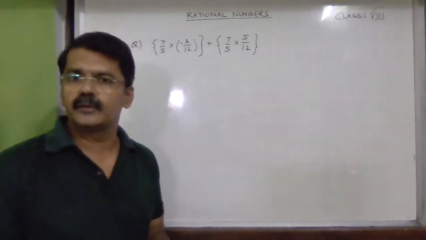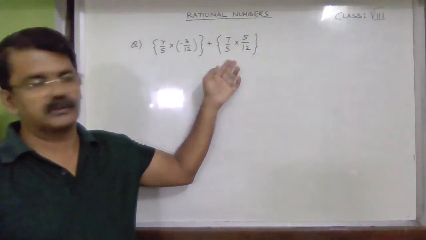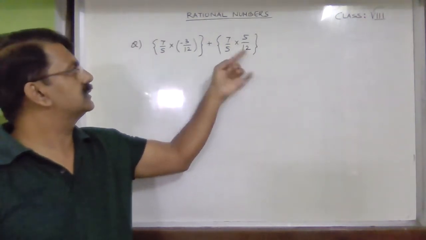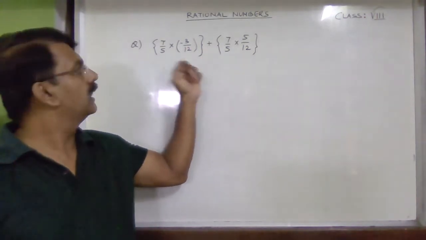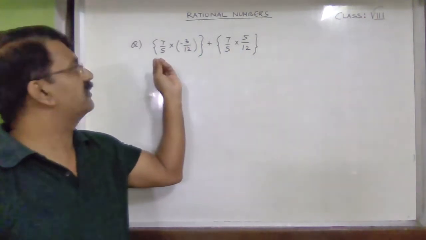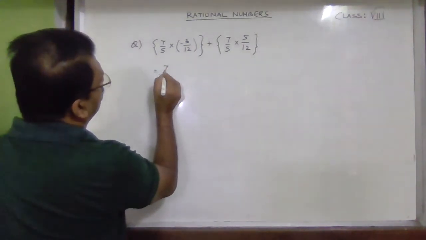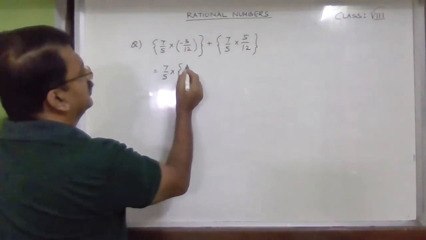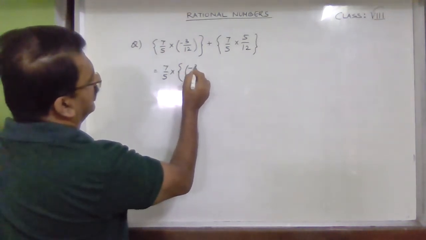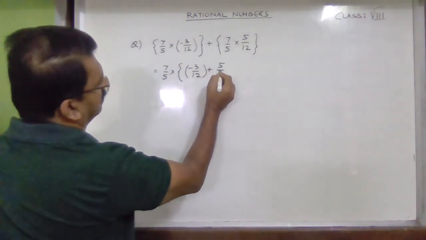So first of all, if you see, 7/5 is here and 7/5 is here also. There are two terms and there is an addition sign in between. But in both the terms, 7/5 is common. So we take 7/5 common. When you take 7/5 common, within the bracket you will have -3/12 plus 5/12.